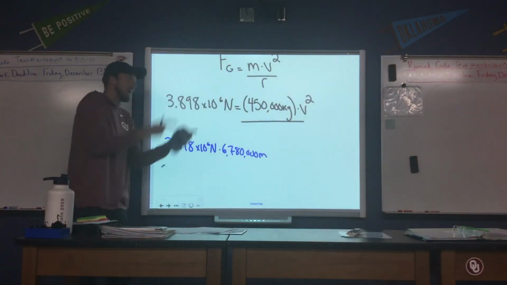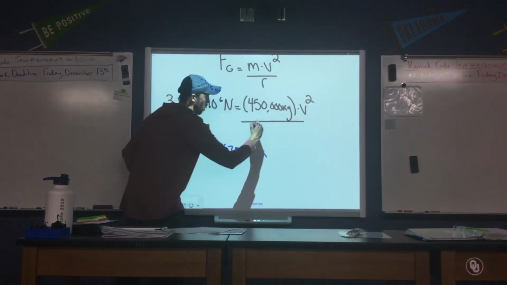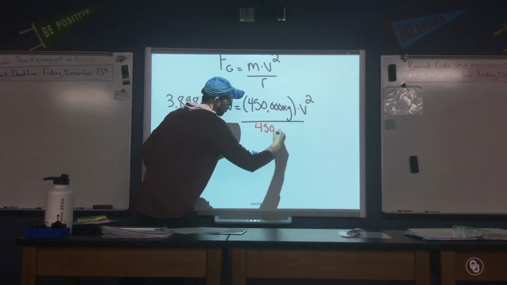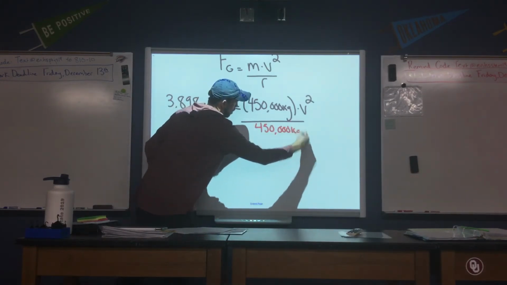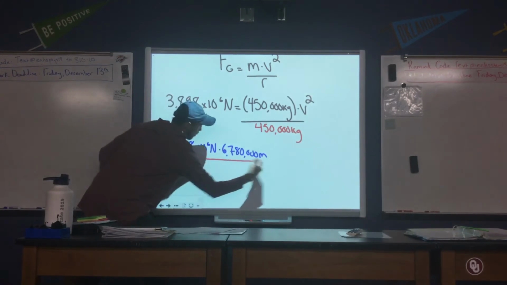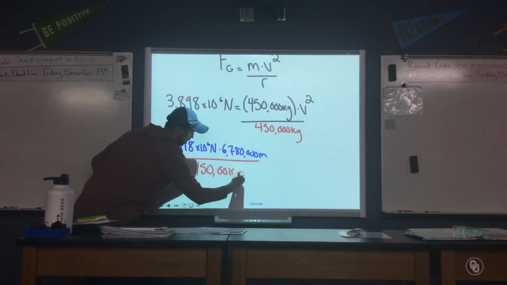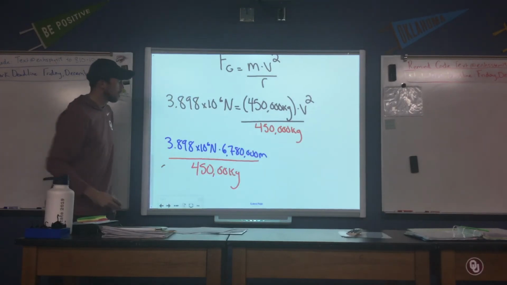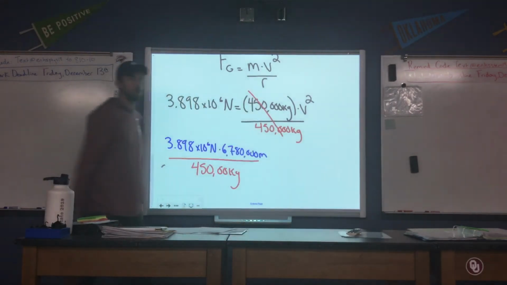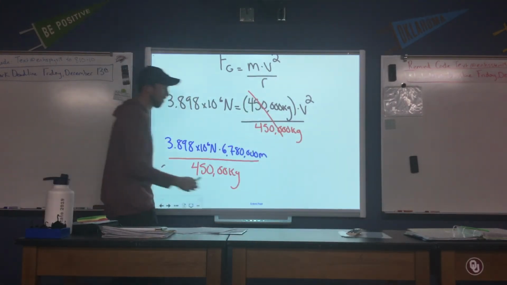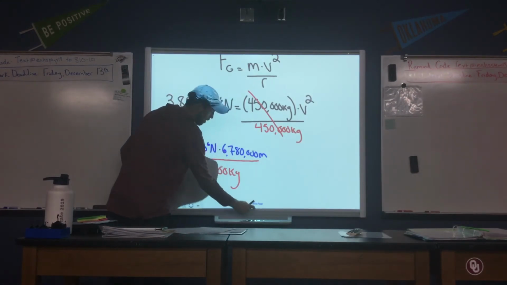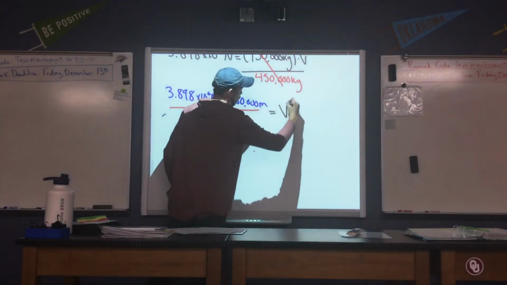And then I need to divide the 450,000 over. So I'll divide 450,000 kilograms to the other side of my equation. You can see that step. So 450,000 over 450,000 will simplify down to 1. And this is equal to v squared.